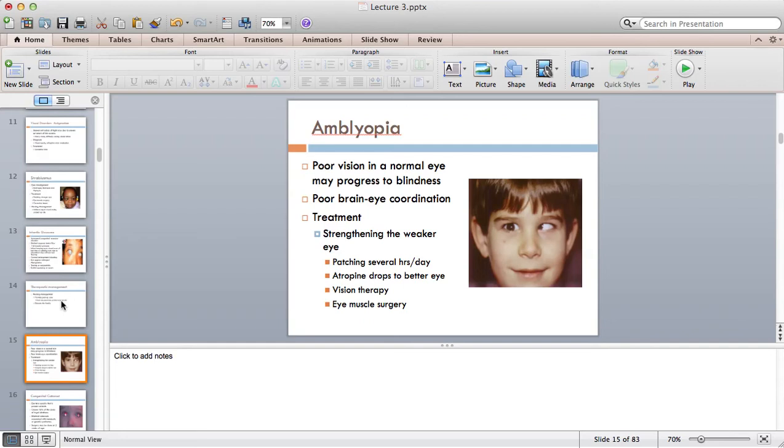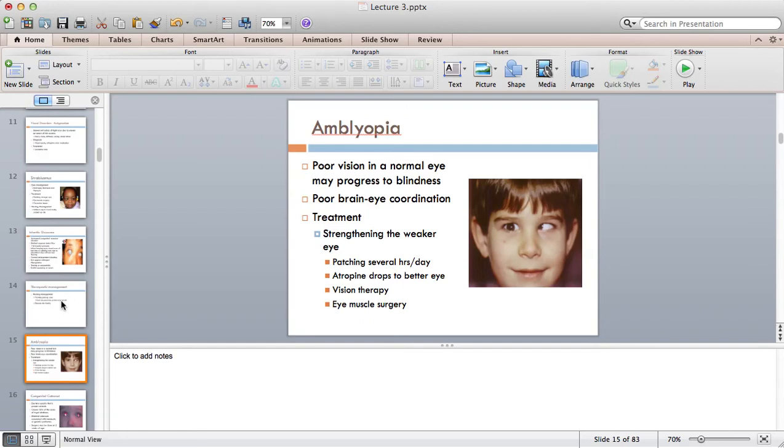So the brain and the eye are not coordinating well. That's the problem. What the eye is seeing is not reflecting the way the brain is interpreting it. There is a disconnect between the two. Again, to strengthen that, you have to start patching the eye and or use atropine drops, then do visual therapy for those kids.